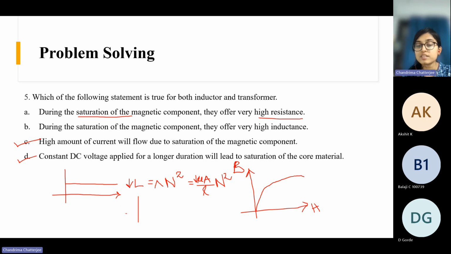In a cycle, for some duration the voltage has to be positive and for some duration negative, so that the average is zero. If there is an average voltage like this, then it will definitely get saturated. So C and D, these two options are correct.